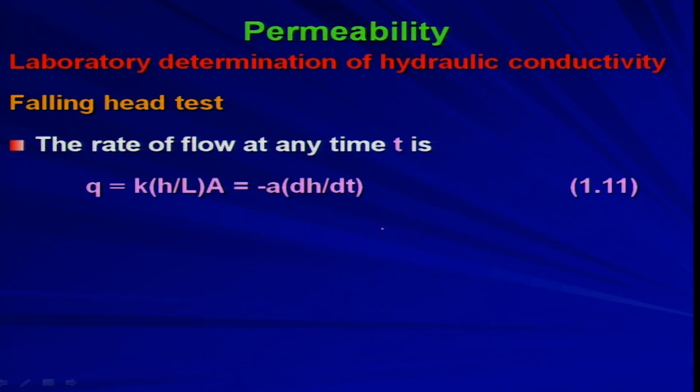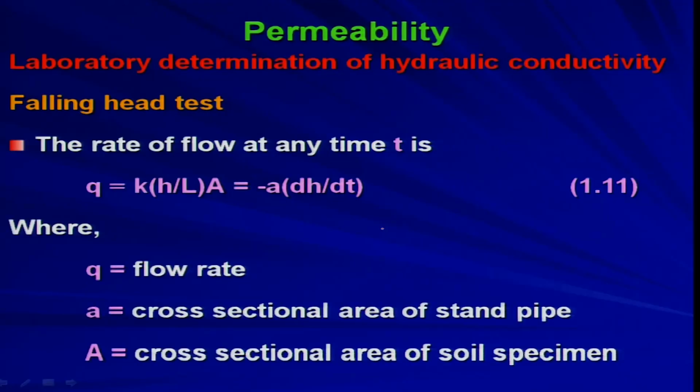So, I will define all those parameters. dH is the incremental head difference and dt is the incremental time, where q is the flow rate, small a is the cross sectional area of the standpipe, and capital A is the cross sectional area of the soil specimen.